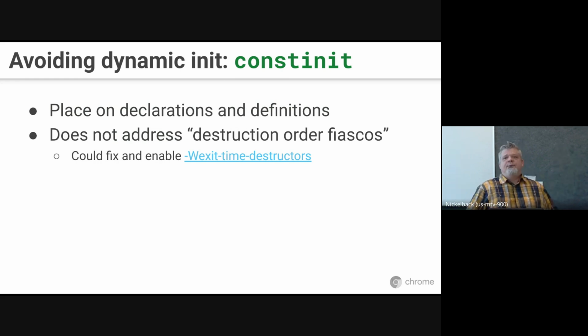Yay! And the only way I know of to get rid of this right now is that we turn on a warning. There's a Clang warning called exit-time destructors. We even have a config for it in our GN files, but sadly it is not on everywhere. So it would be turn that on and fix that. So just in case any of you are looking for some code base cleanup to do, that would be one.